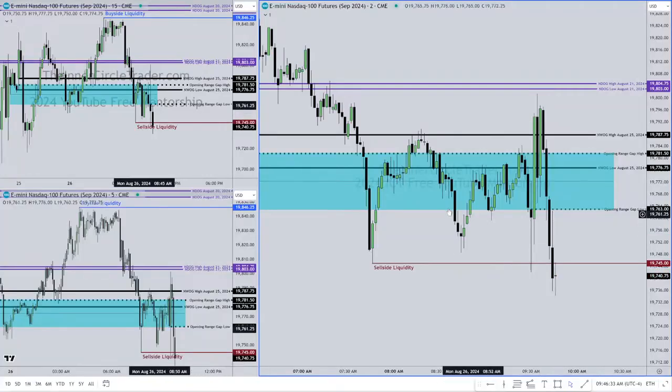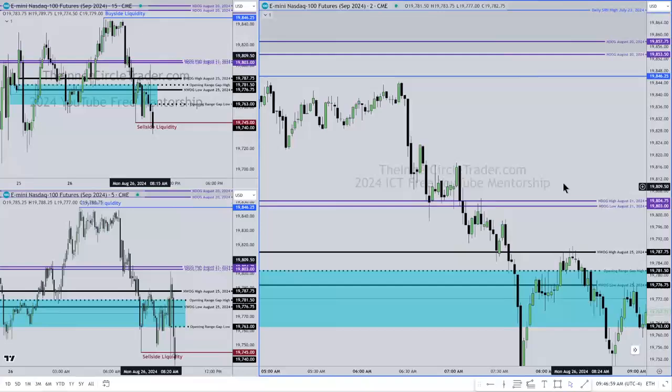But I was using a 2-minute chart here, and I was watching how they were using this gap here to see if we could open up with a higher gap. If we would have opened up here, maybe at this new day opening gap or a little bit higher, I would have looked for the move to drop down into the new week opening gap on the 25th, maybe using consequent encroachment, and then try to get a long up into this buy side here.